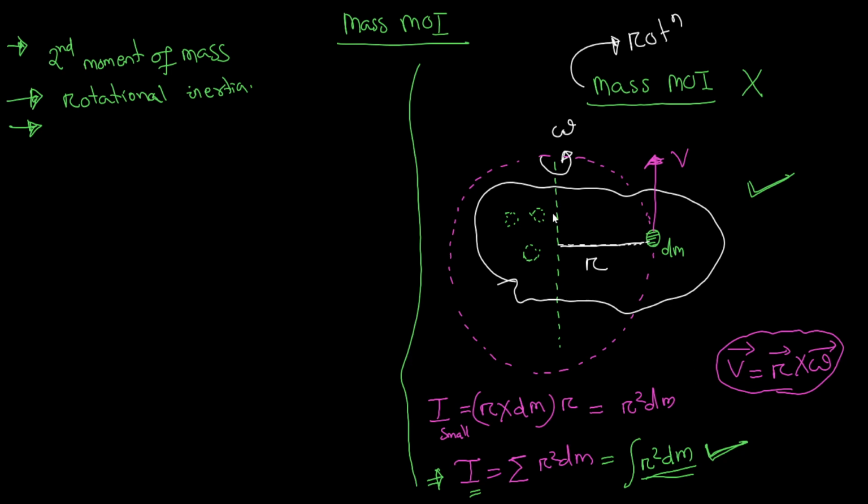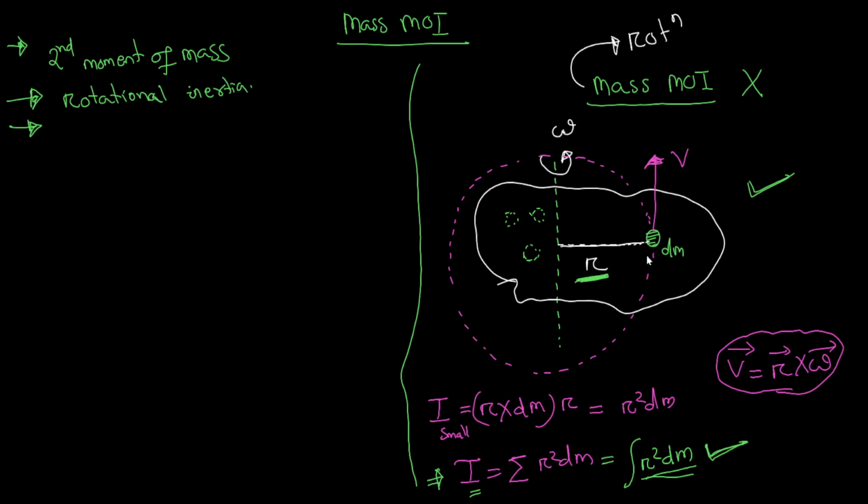One more thing we have discussed here. This mass moment of inertia depends upon the distance of the mass, wherever the mass is present. See, in the last video on force, we said moment is force into perpendicular distance. So as the distance increases, the moment value, that means the rotational effect, increases. From the reference axis, whether you want to calculate the moment due to a force or the moment of a mass, as the distance increases, the rotational effect also increases.